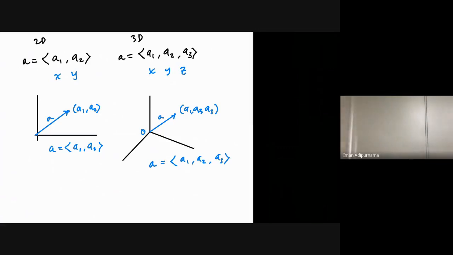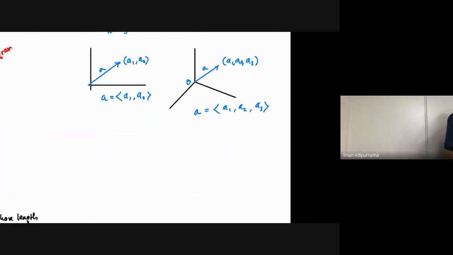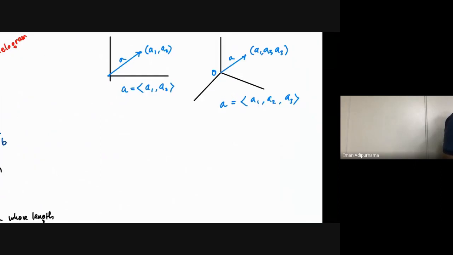So if we have a different start point, let's say from here, then our vector will depend on where we start. Let me just write the theorem and the definition.